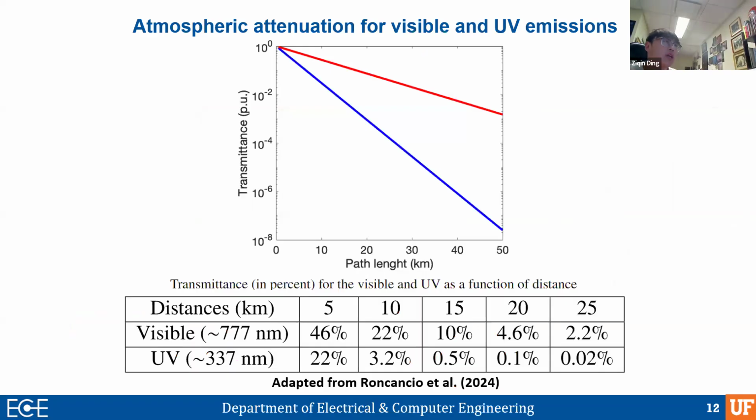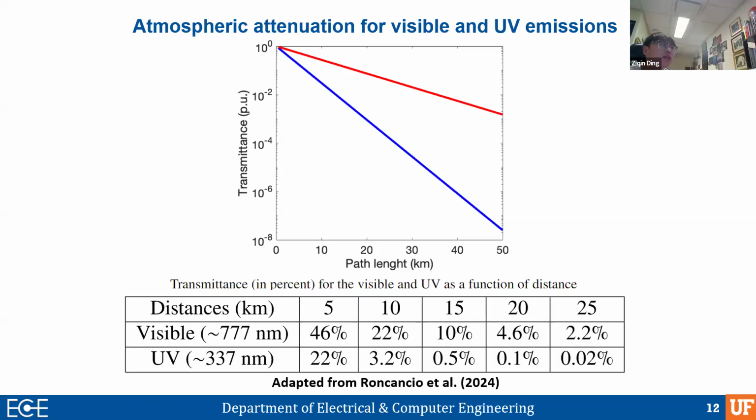It's really hard to image those streamers because streamers mostly emit UV, and UV suffers a lot from atmospheric attenuation. Here I adapted a plot from Reconcile 2024 showing how visible light compares to UV, which suffers from atmospheric attenuation.